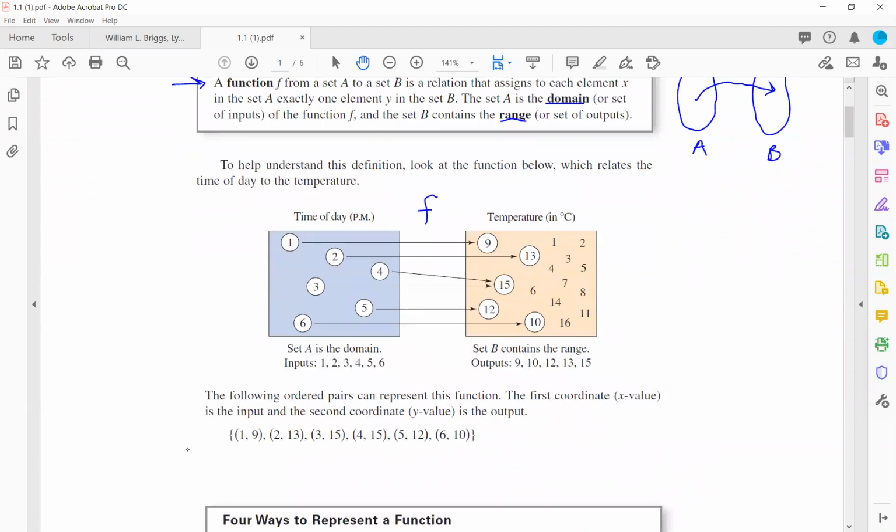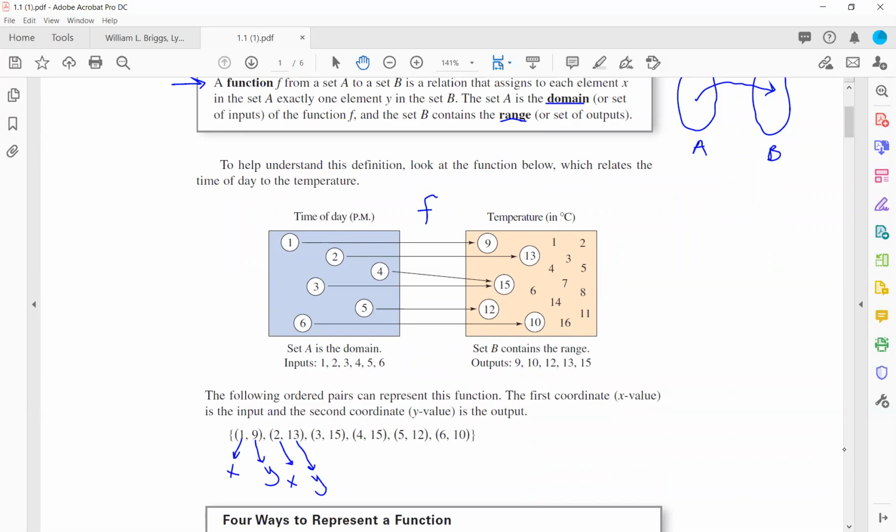The first point has x equals 1 and y, the output, equals 9. This function has a second point, 2 and 13. 2 is your x value, 13 is your y value.